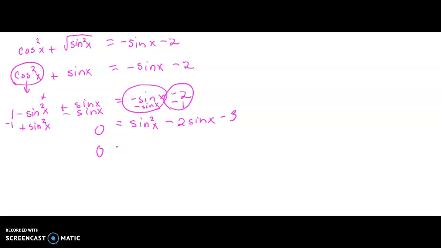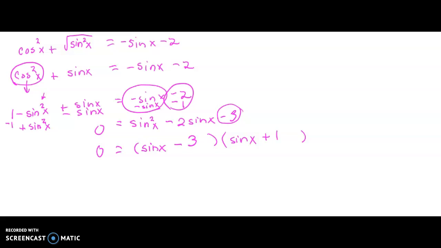Okay, now we're going to factor the right-hand side. So what times what will give us sine squared? That would have to be sine x times sine x. Two numbers that multiply together to give me a -3. That could be -3 times a +1.